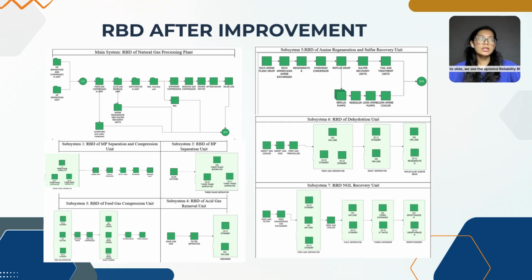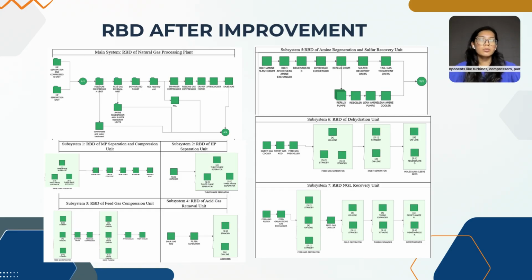In this slide, we see the updated reliability block diagram (RBD) of the natural gas processing plant after the series of improvements. The RBD visually presents how the equipment redundancy and standby units were integrated into the plant architecture. The main system RBD shows key units grouped into subsystems such as MP and HP separation unit, feed gas compression, acid gas removal, amine regeneration, dehydration, and NGL recovery.